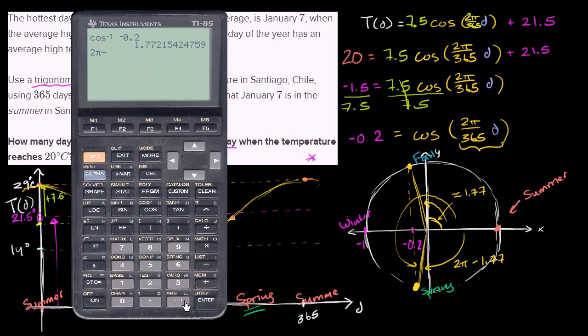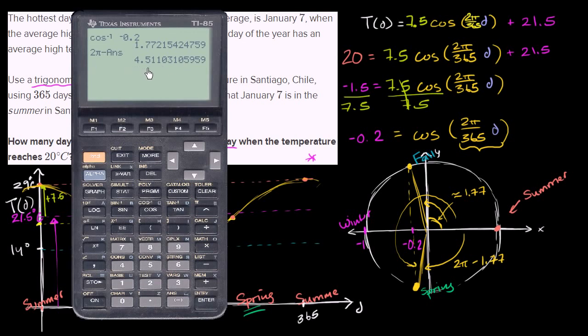And I'm going to do second answer. So answer is just the previous answer that I got. So that way I have good precision here. So I get 4.511. And we can kind of make sure that that's the right thing, because that's going to be between pi and 2 pi. 2 pi is 2 times 3.14159, so it's going to be 6.28 something. This is 3.14159. This is the right angle.